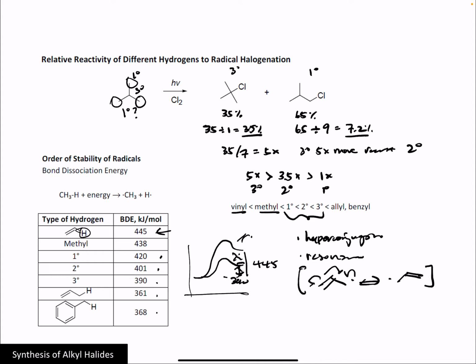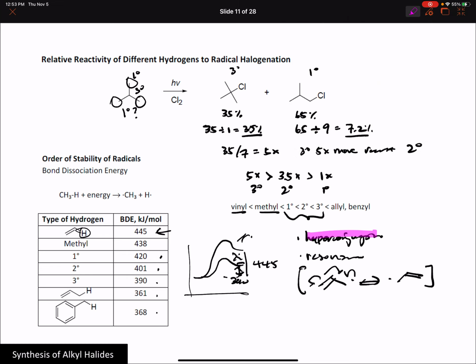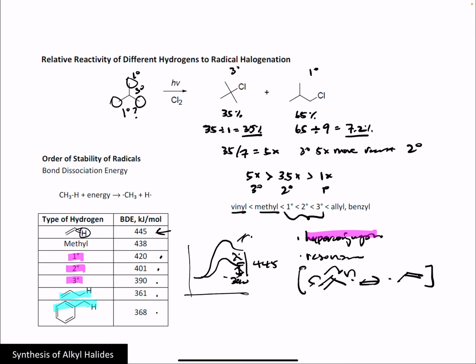All right, so if we look, this will be fun. This guy is stabilized by hyperconjugation, hyperconjugation, hyperconjugation. These ones aren't. And then these guys are resonance stabilized. So 2 different stabilization effects.